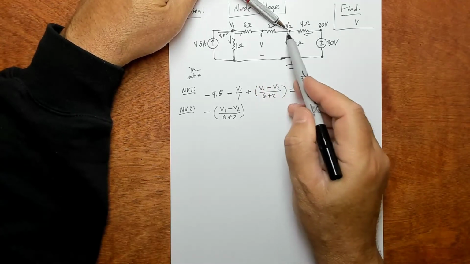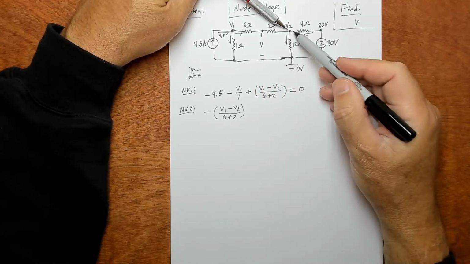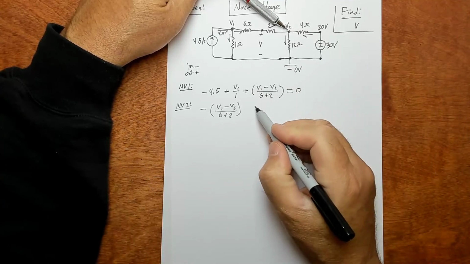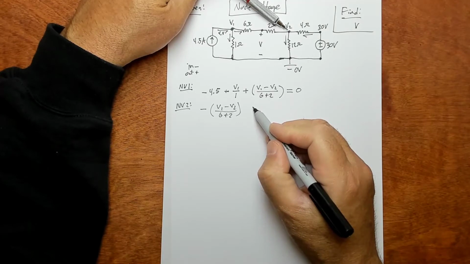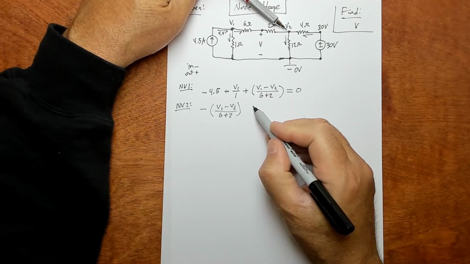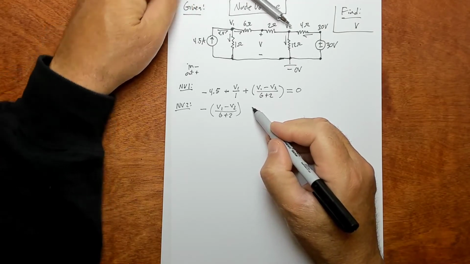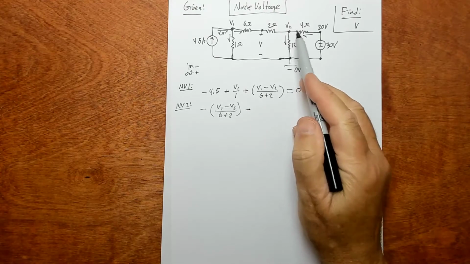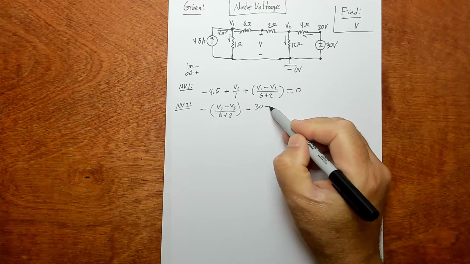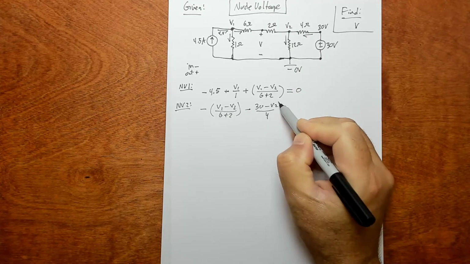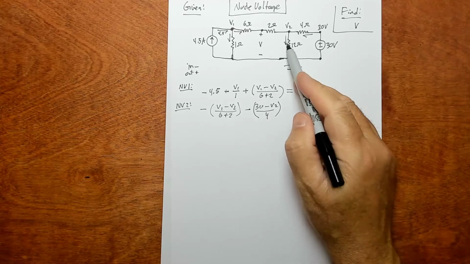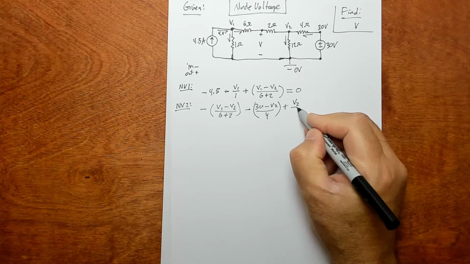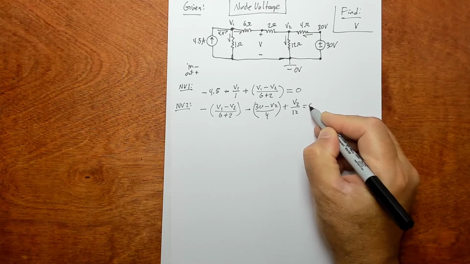We've got this current coming in, and this other one coming in, which is going to be negative because it's coming in, and the potential difference is 30 minus V2 over 4. That's that guy. And then this one here coming out is positive, and by Ohm's law it's V2 over 12. Those sum to 0.